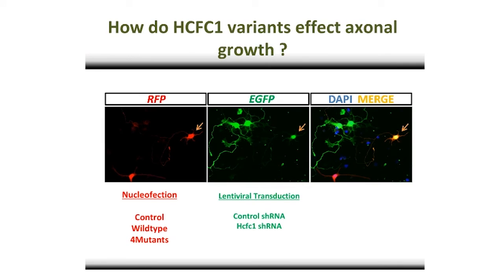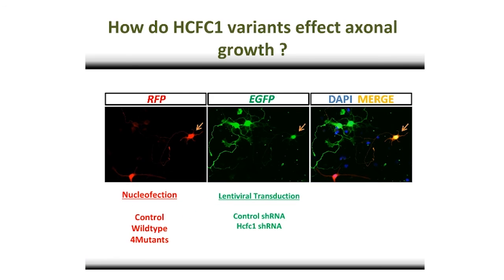So we took neurons, we nucleofected them with either control, wild type, or one of the 4 variants that we had discovered. And we also then co-transfected in or transduced in a lentivirus that could knock down HCFC1.